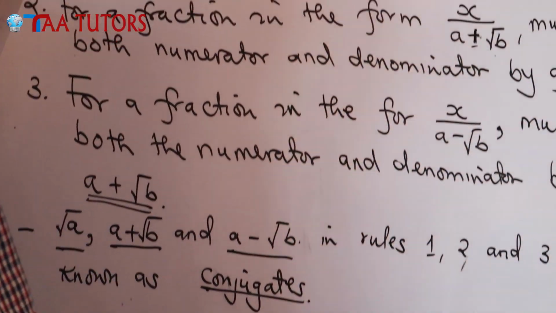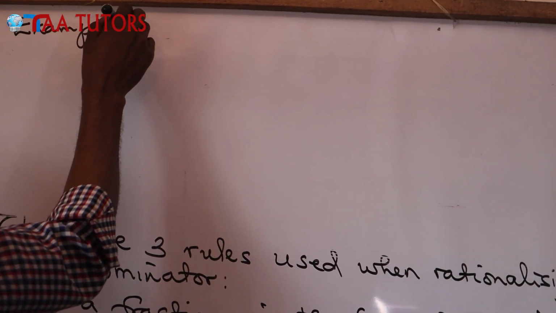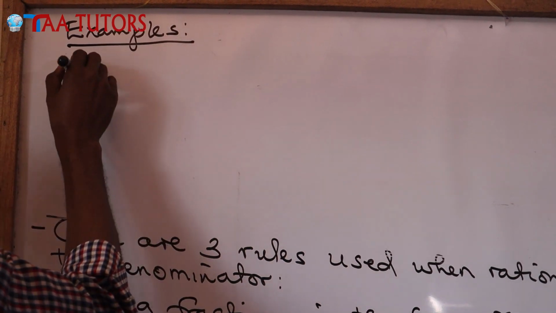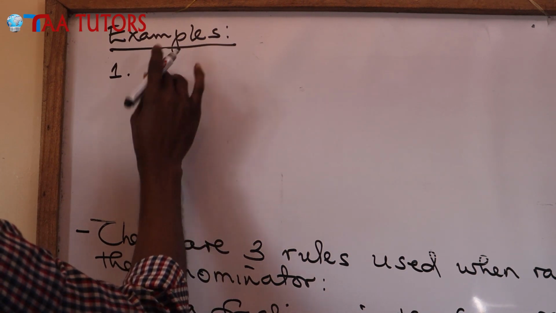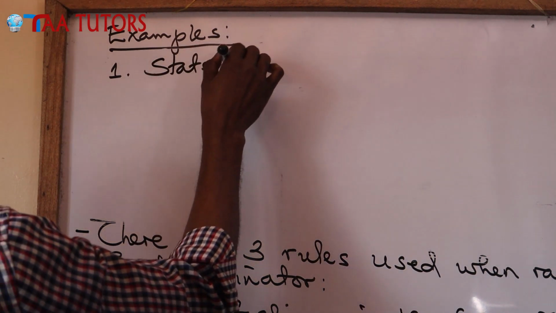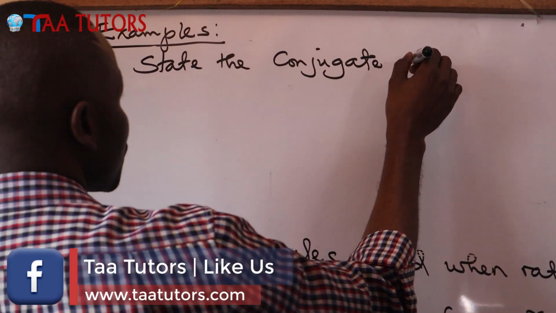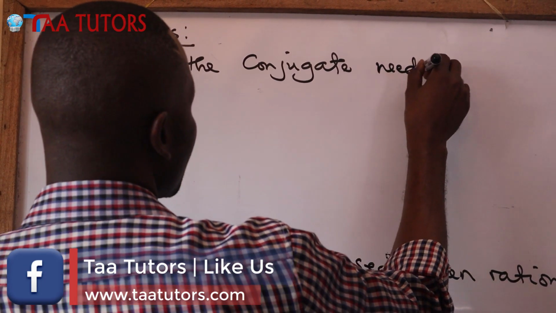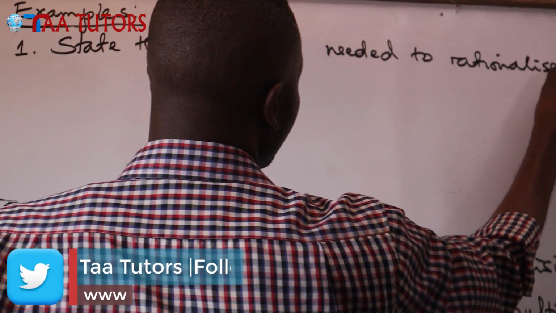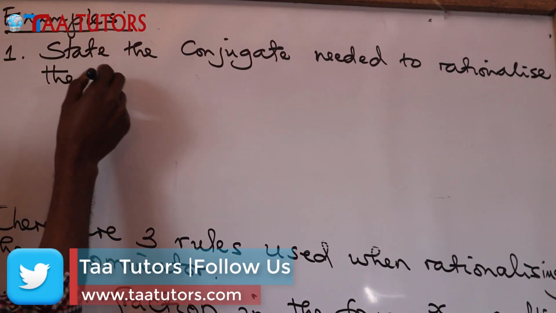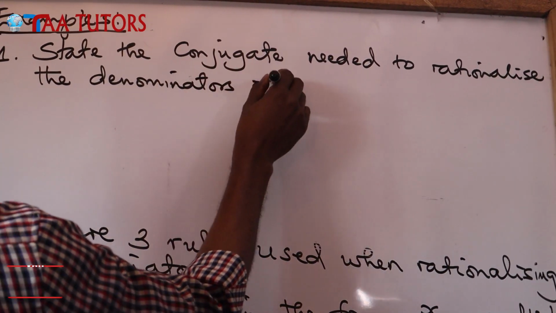Example 1: state the conjugates needed to rationalize the denominators of the following.